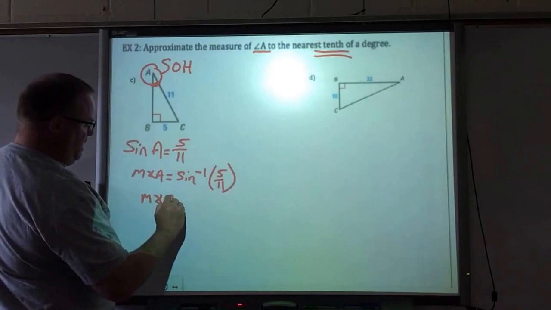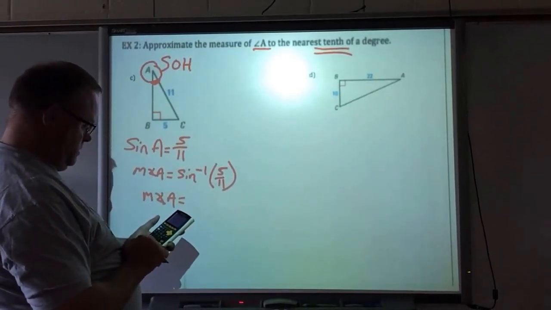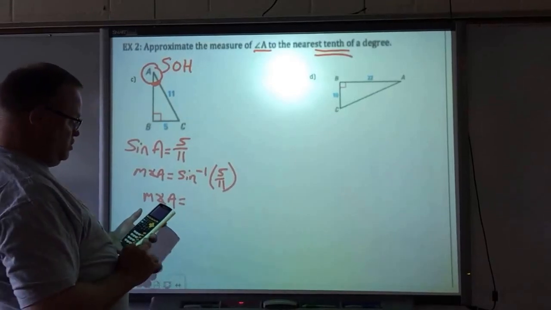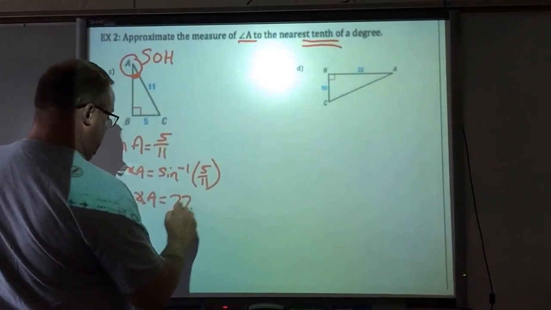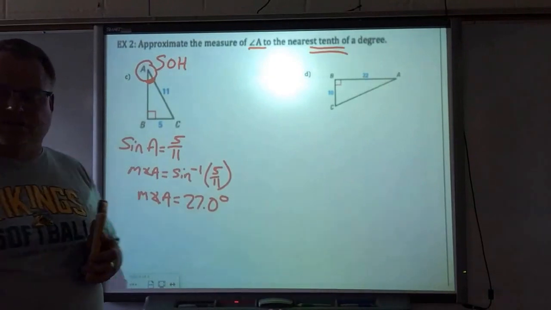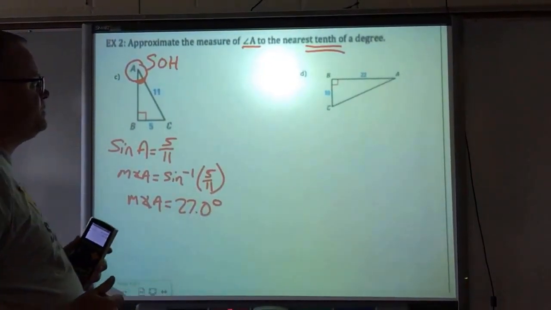So 5 divided by 11. Should be 27 point, now that's really 0. So 27.0 degrees. All right, so just 27 degrees, right?